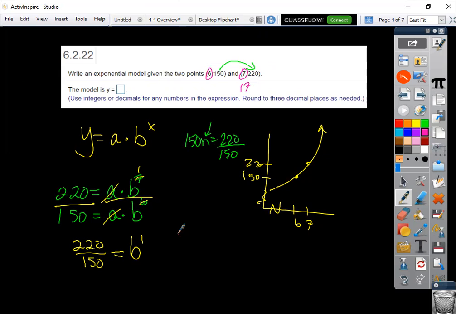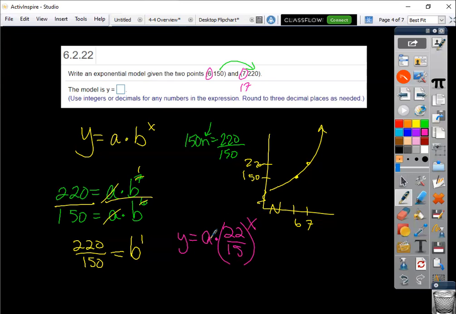So what we know so far is y equals a times b to the x, and b is 220 divided by 150, or 22 divided by 15. That's not a nice number, so I'm going to use the original 22 over 15 as my b, or multiplier, and that's to the x.